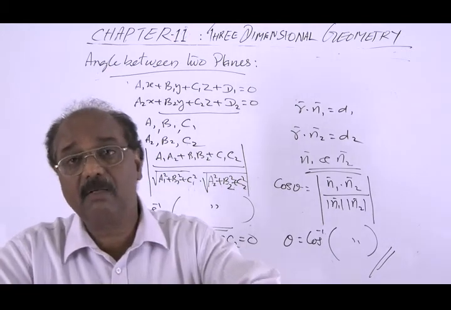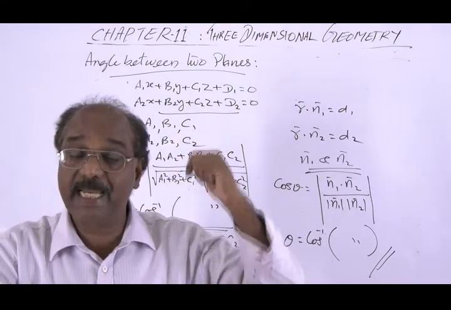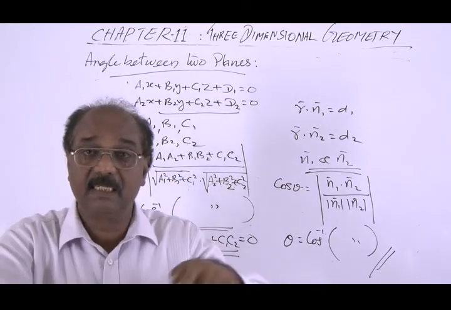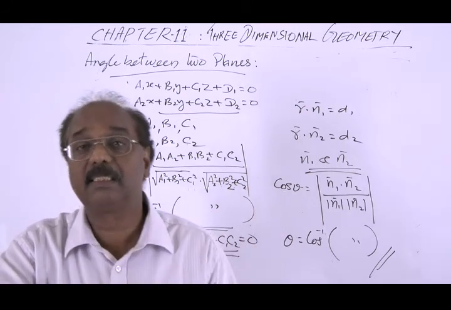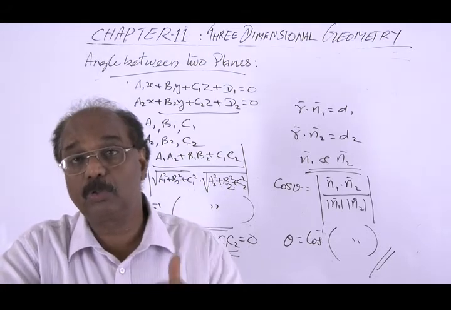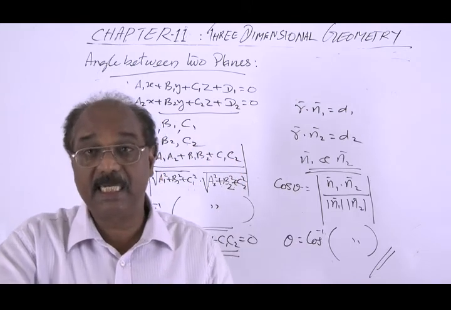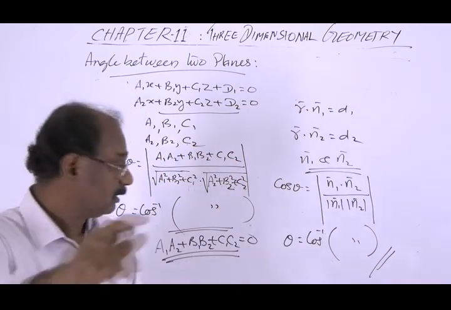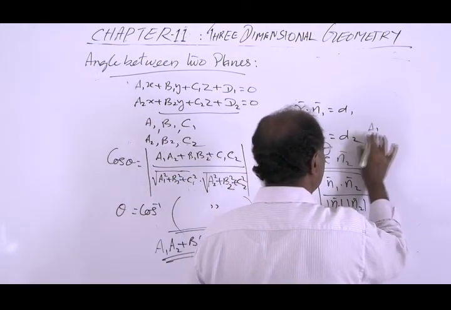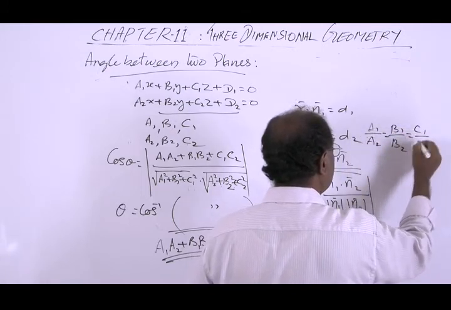Similarly, we can have the condition for parallelism. In the case of lines, we derived sin theta and applied the condition for parallelism in that sin theta. If the two planes are parallel, then theta equals 0. So, as in the case of lines, we can derive the condition as a1 by a2 equal to b1 by b2 equal to c1 by c2.